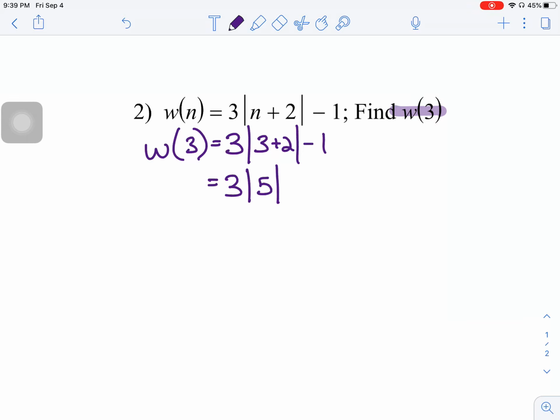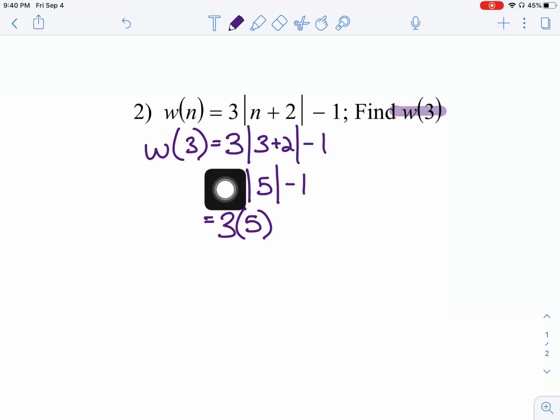I want to simplify what's inside the bars first. Now, the absolute value of 5 is just the number 5. Okay, absolute value is the distance from 0. And what I need to do is make sure that between the 3 and the 5, I use the right symbol. And I'm not going to add a plus sign because there wasn't a plus sign there. I know this is supposed to be multiplication, so this is times 5.